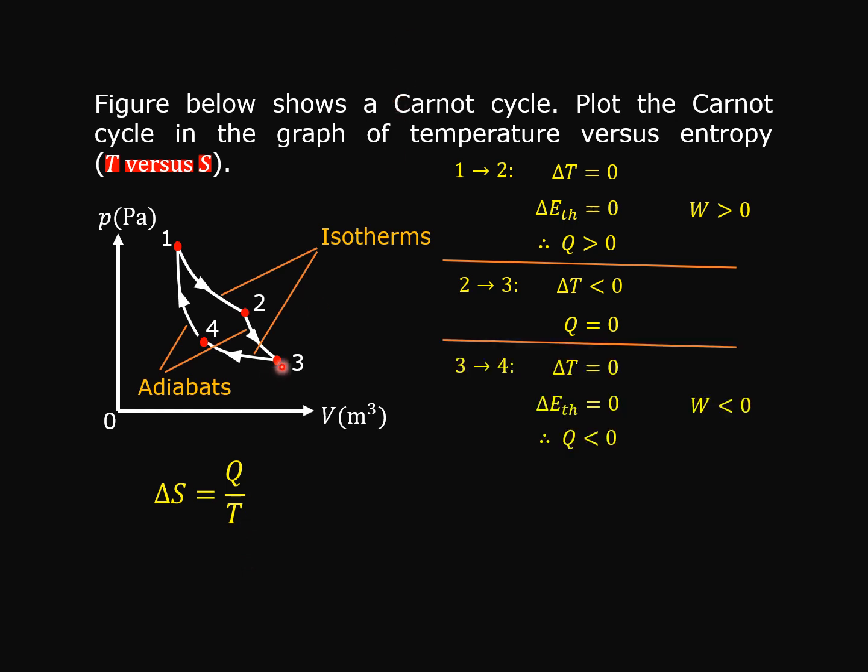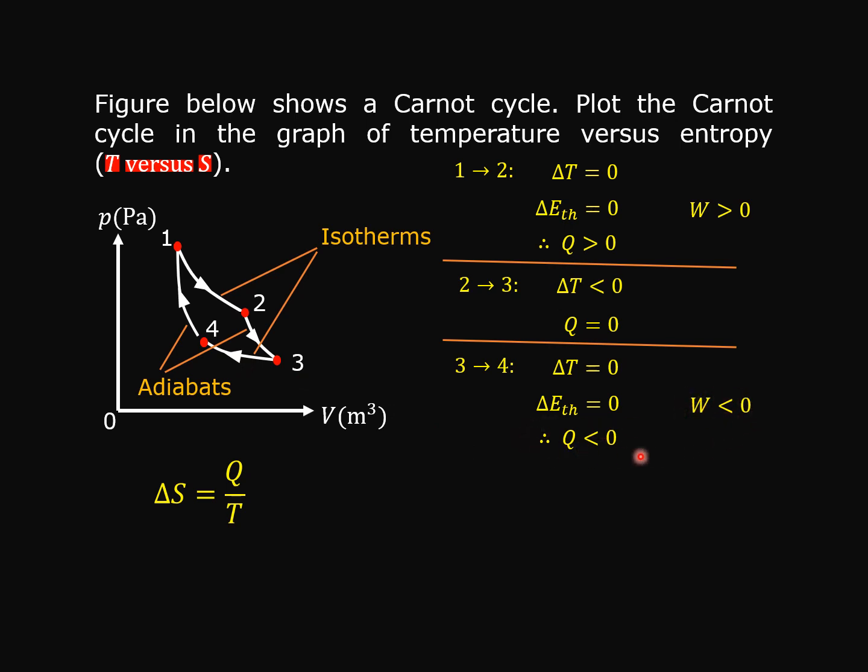From state 3 to state 4, this is isothermal compression. Since it is isothermal, there is no change in the temperature, delta T equal to 0. Therefore, the internal energy change is also equal to 0. Work done is negative because from state 3 to state 4, it involves the compression of the gas. When the gas is compressed, the work done by the gas is a negative value.